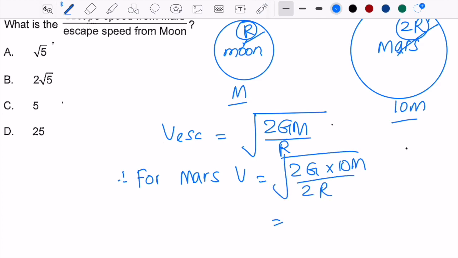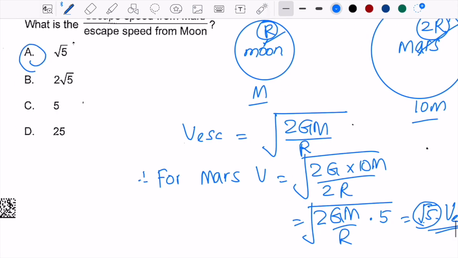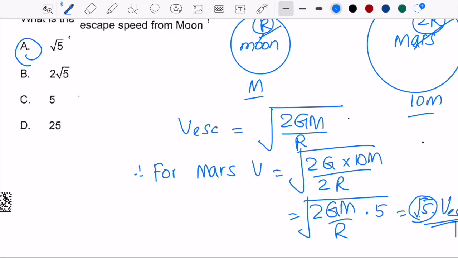If I rewrite this in terms of 2GM over r, the factor is 5, so it is square root 5 times the escape speed of the Moon, right? So the answer should be square root 5. Answer should be A.